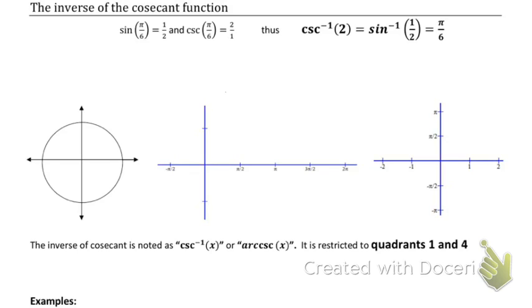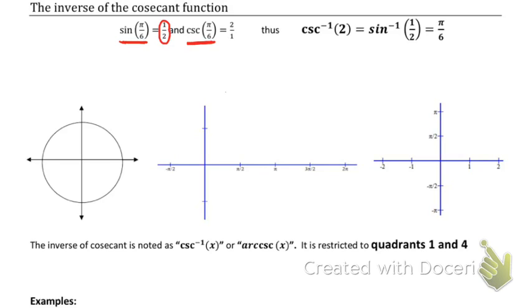For the inverse of cosecant, we're going to start off with what cosecant means in terms of sine. The first time we saw cosecant this year was in this example here. Let's focus on the cosecant real quick. If I say find the cosecant of pi over 6, what you're actually going to do is find the sine of pi over 6 first.